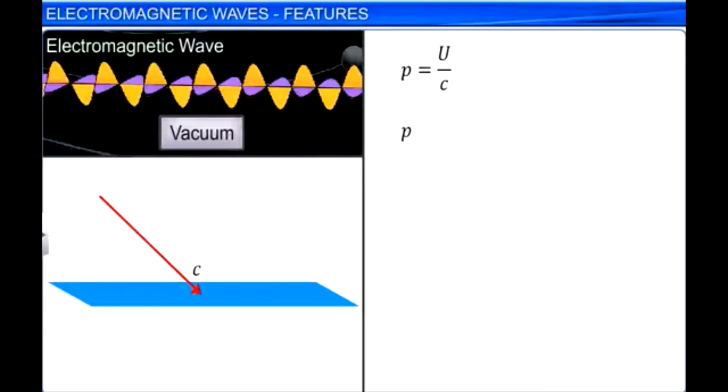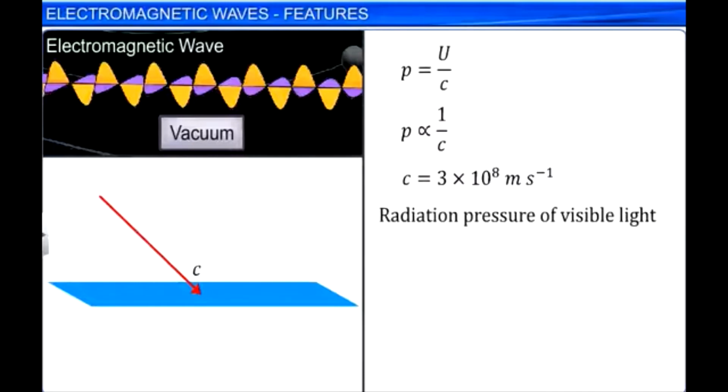Since the value of c is very high, the momentum exerted by the electromagnetic radiation is negligible. The radiation pressure exerted by the visible light is determined by calculating the momentum using the formula P is equal to U by c. The radiation pressure of visible light is in the order of 7 × 10⁻⁶ Newton per meter square.